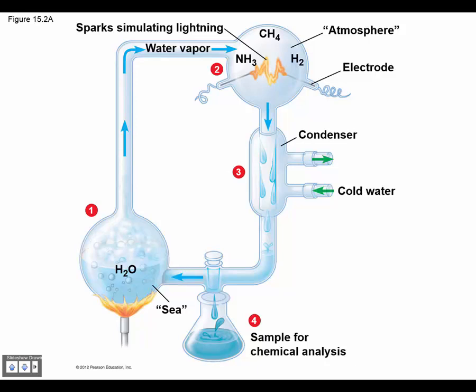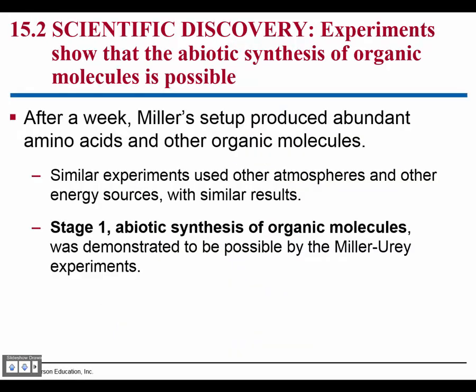He started making amino acids. They spontaneously formed when we took the atmosphere and gave it an electric charge like lightning, right? So water vapor, methane, hydrogen, nitrogen, right? And then they looked at the analysis, and boom, stage one, abiotic synthesis, they found those organic molecules.